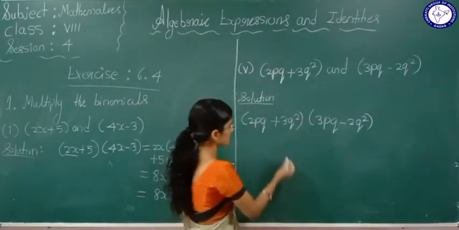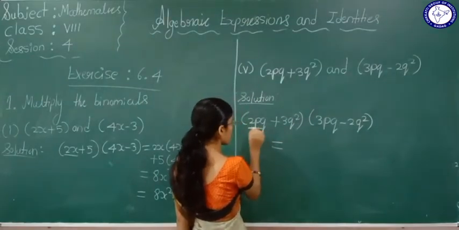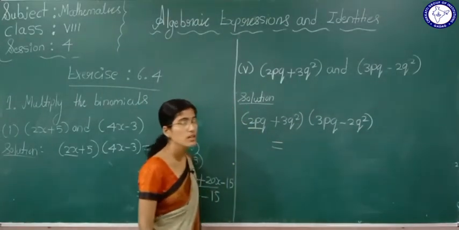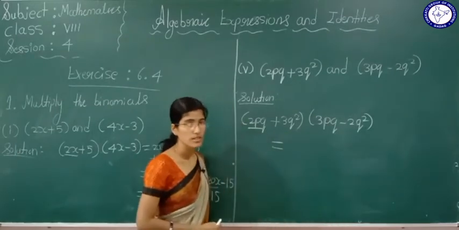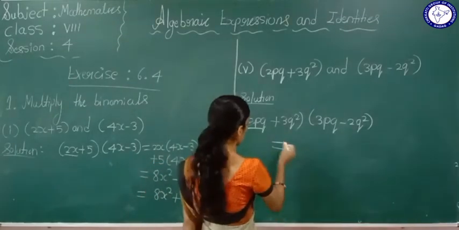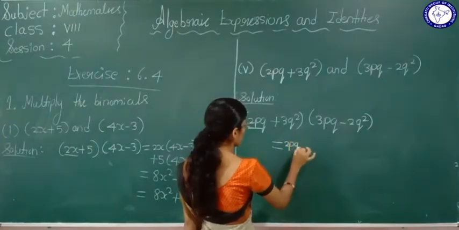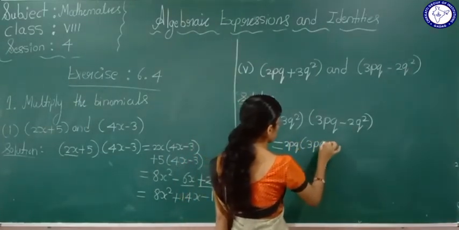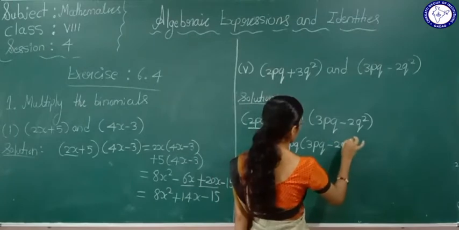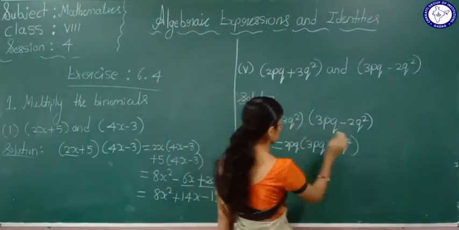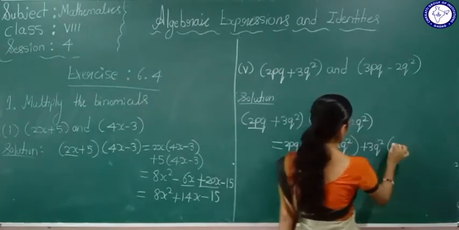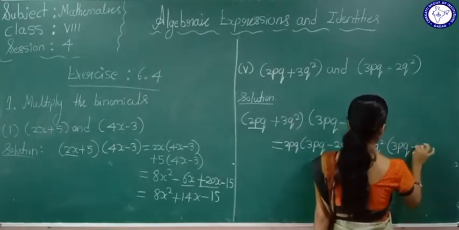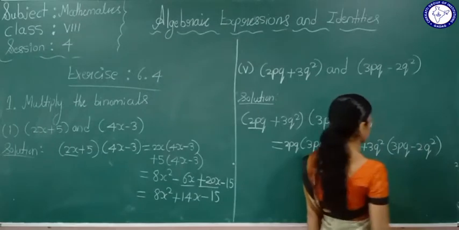Now see here, is equal to multiply each term of the binomial with the every term of another binomial. Now see here, 2pq multiplied by 3pq minus 2q square. Here plus 3q square is there, plus 3q square multiplied by 3pq minus 2q square.